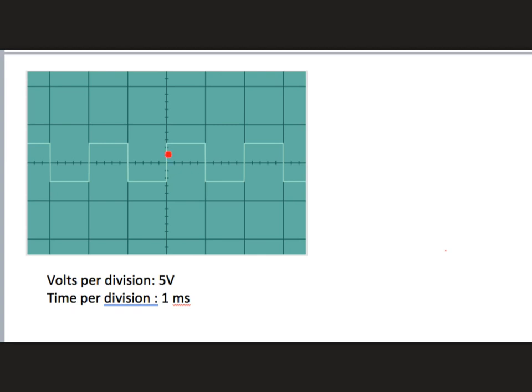We know that if I go from the center up, I can simply count divisions. So I've got one tick mark, a second tick mark, and then it's at about a half. And we can see the symmetry here, so it's the same down below. It's 2.5 tick marks to the bottom signal, it's 2.5 tick marks to the top signal. So that would mean that the amplitude going from the center up is 2.5 tick marks.